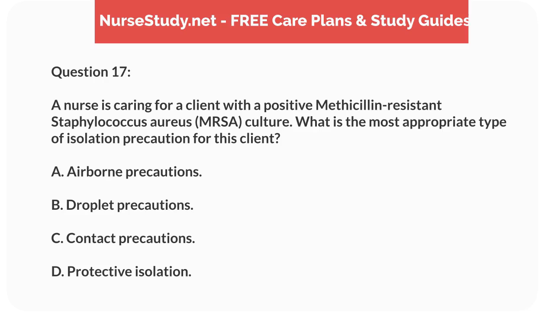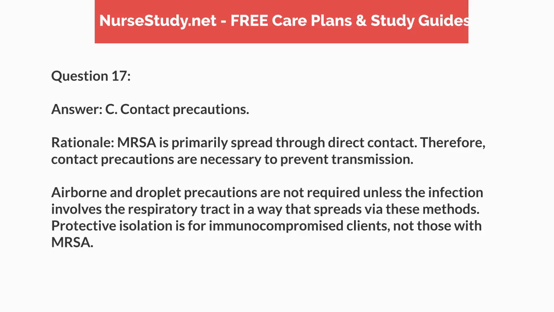What is the most appropriate type of isolation precaution for this client? A. Airborne precautions. B. Droplet precautions. C. Contact precautions. D. Protective isolation. Answer C. Contact precautions.